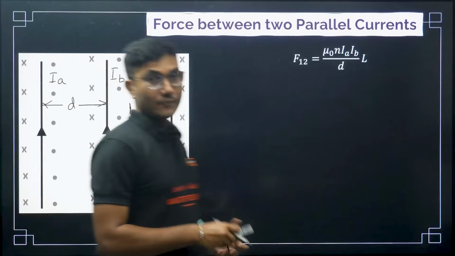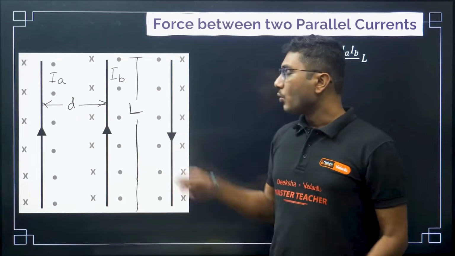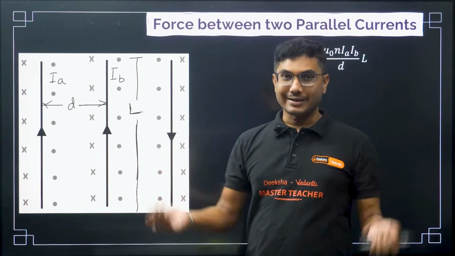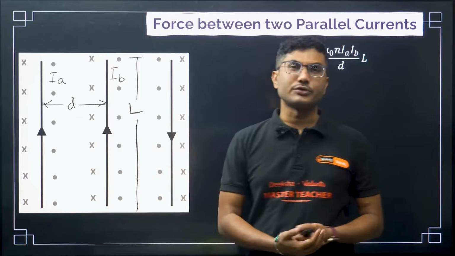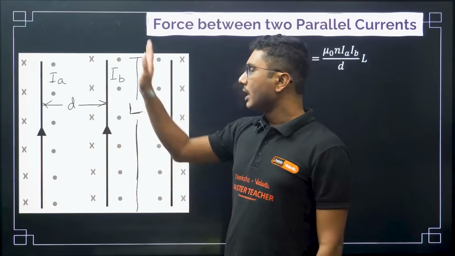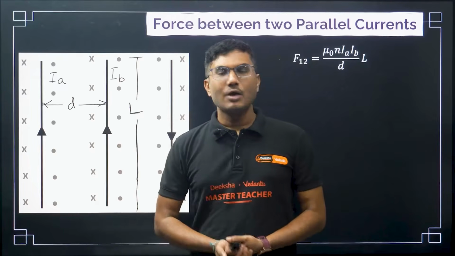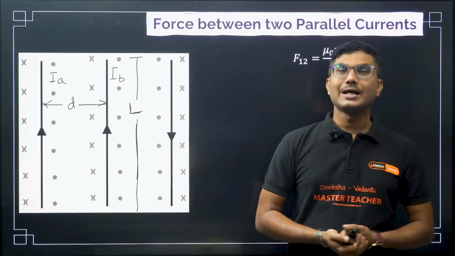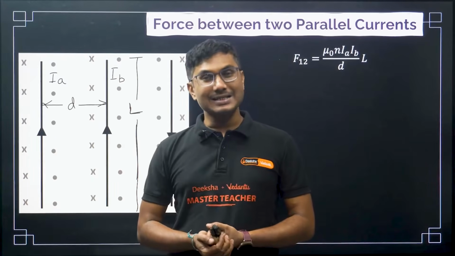First of all, let us understand why two current carrying wires will repel each other, or attract each other, or even apply some force on each other. First of all, a current carrying wire will produce a magnetic field, right? We have learned that the formula was BIL sin theta.